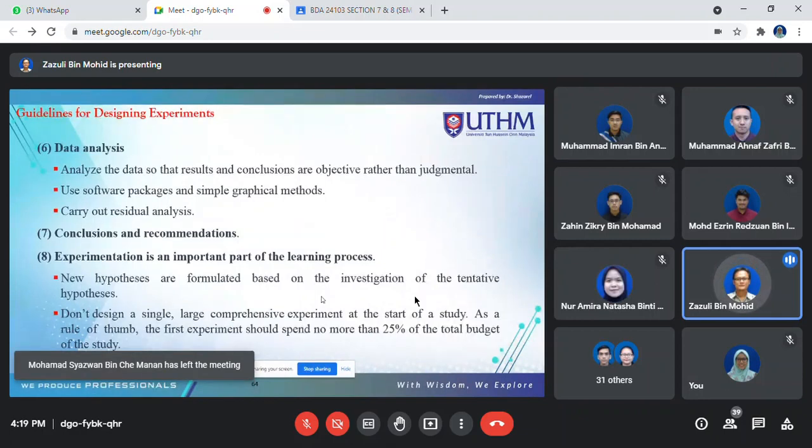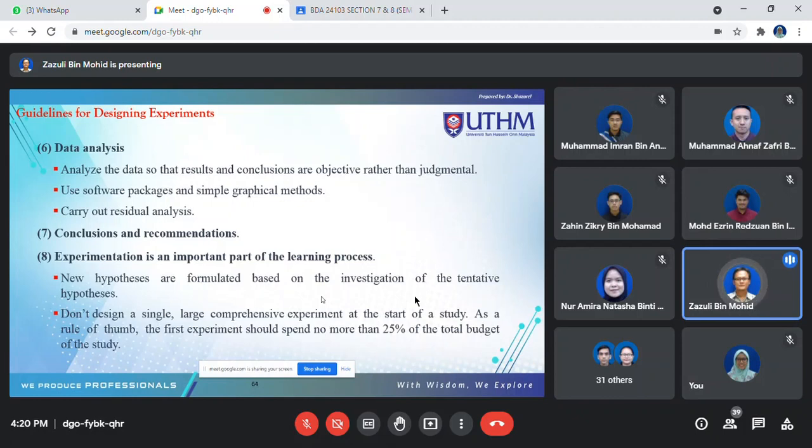In experimentation, it is important for us to understand that we can create new hypotheses based on the previous literature study. Okay, from reading, from journals, we can create hypotheses, and from that hypothesis, we can create our new experiments.